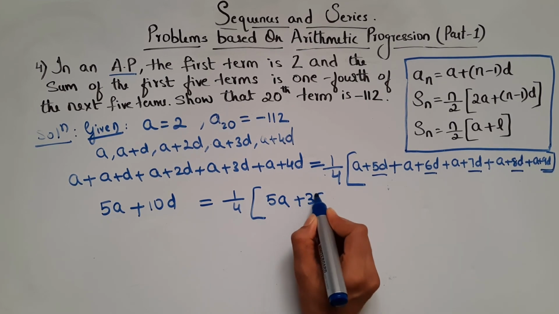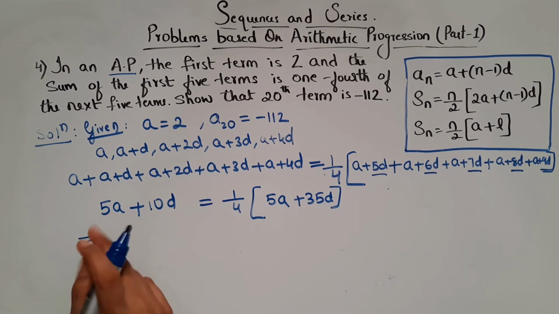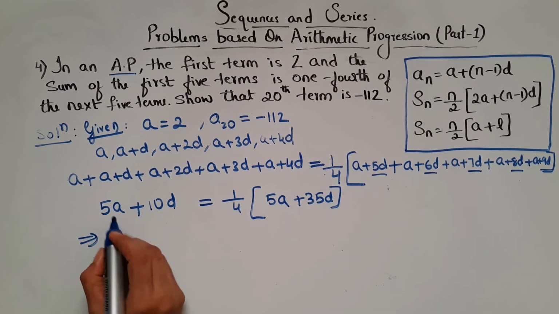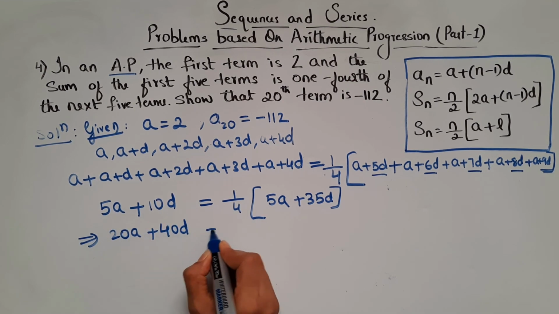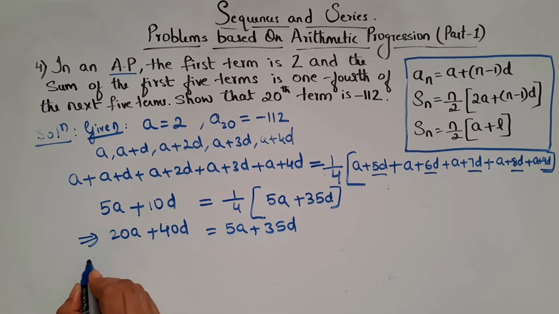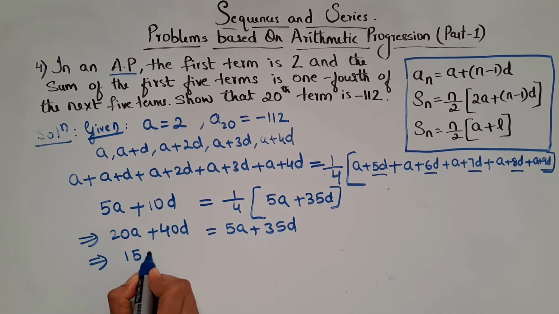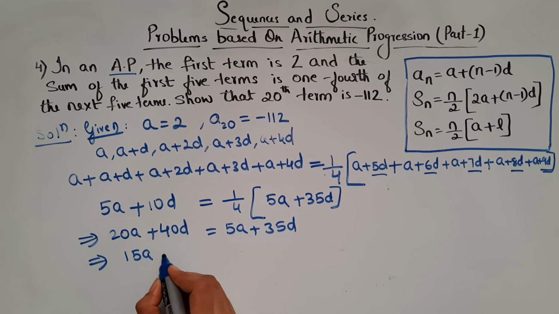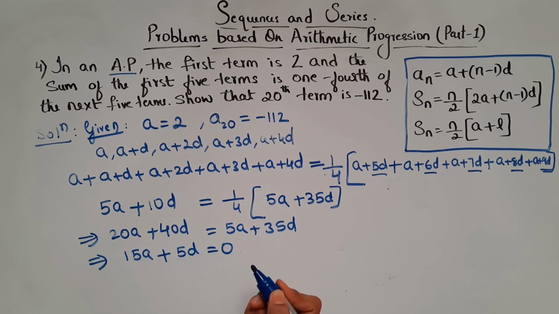So this implies, let's multiply this 4 to this side. So 4 into 5 is 20a plus 40d is equal to 5a plus 35d, which implies, let's bring this to the other side, so that will be 15a, and when you bring this to the other side, that will be minus 35. So 40 minus 35 will give you 5d, which is equal to 0, right?